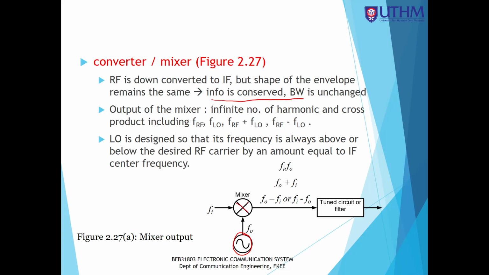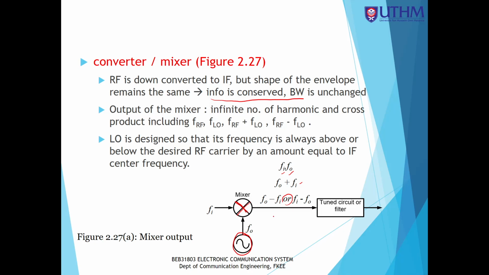That means it will do the process of multiplication in time domain. When you multiply two inputs, you produce upper and lower frequencies, and also the harmonics. So the output here consists of Fi, Fo, the upper frequency, and also the lower frequency, Fo minus Fi or Fi minus Fo.